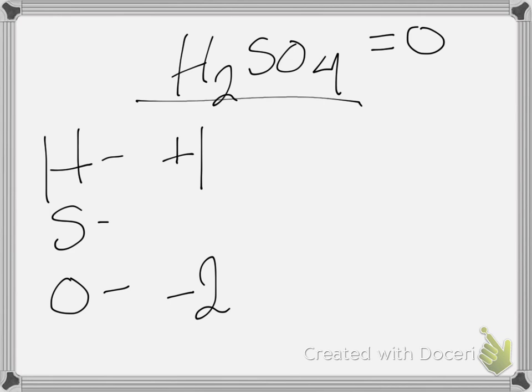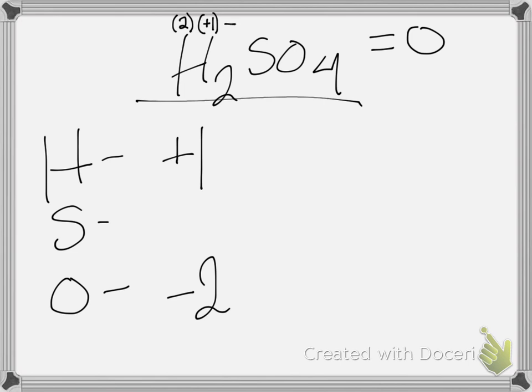This is where you need to do the math that I was talking about. Everything in the compound has to equal 0. So here's the math. How many hydrogens do I have? 2. Each one has a charge of plus 1. Does that make sense?